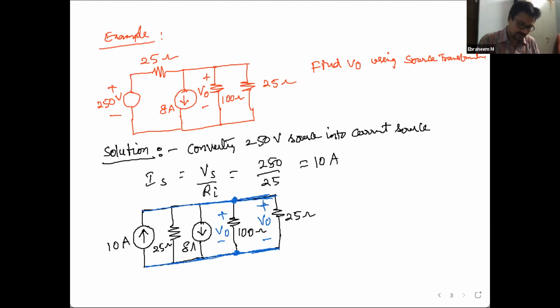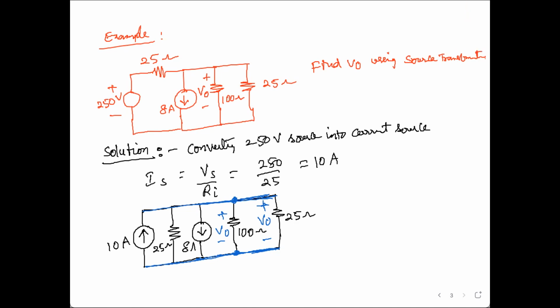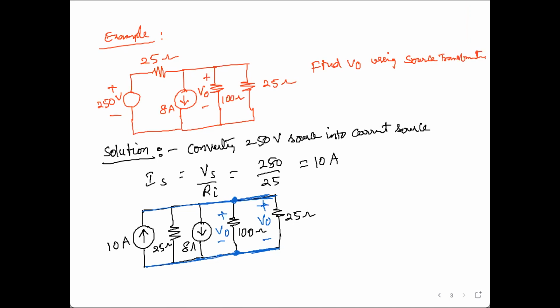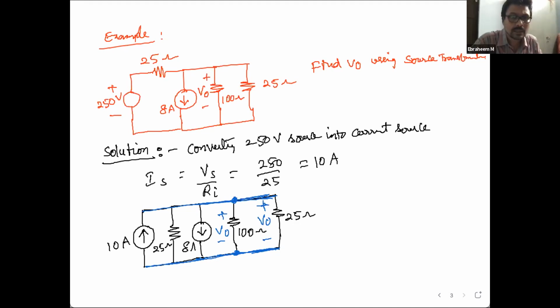Now here what do we do? You tell me, just observe the circuit and tell me what can be done here. After solving currents, we can get voltage. Current means what?